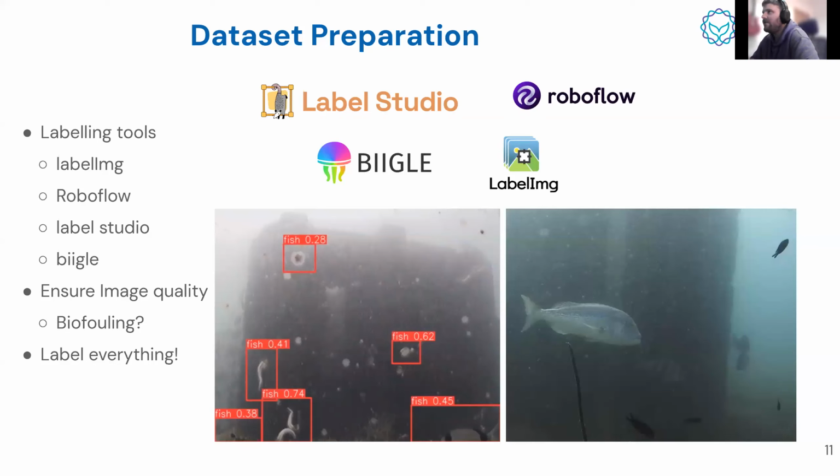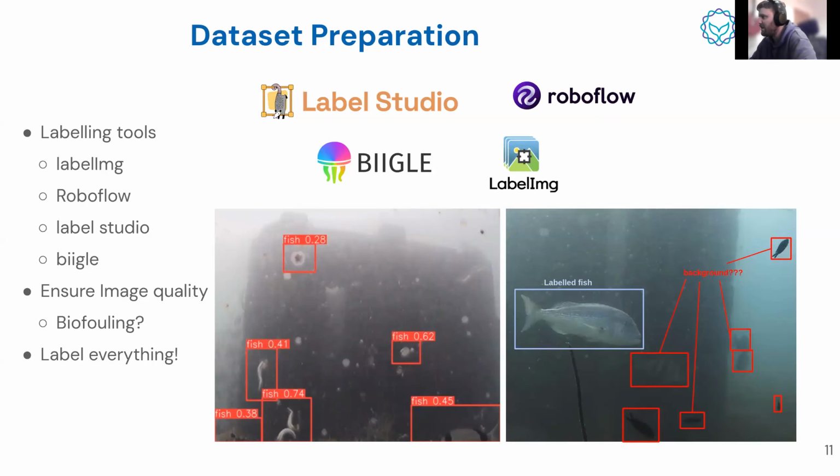And finally, one thing that may seem trivial, but is actually very important, is to label everything. Imagine that we have this picture here in the bottom right, and then we want to label this fish. Okay, I think this is a dentex. Okay, you label it, and then it's ready to be used. But wait, because here there are a lot of different fish.